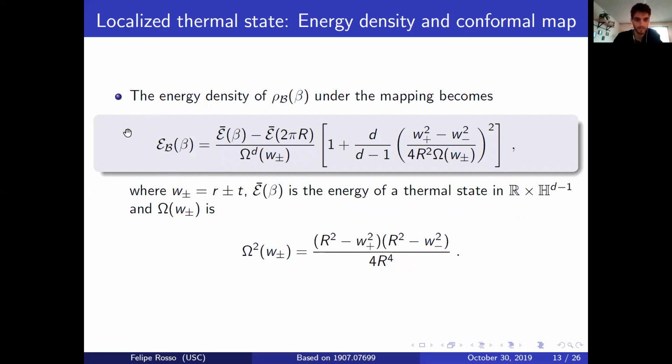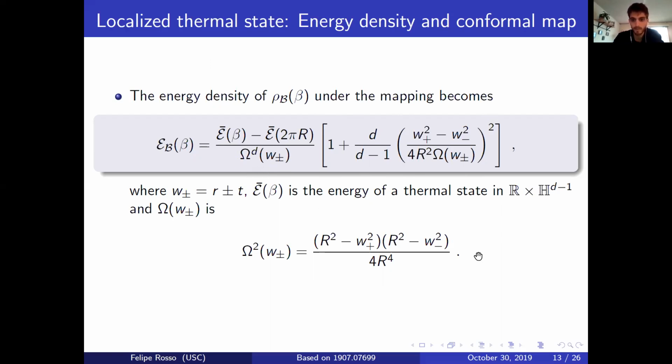Let me break down this expression since it might seem complicated. The only thing I've done to obtain this expression is a conformal transformation. There's nothing mysterious. We have two contributions, you could say. On the one hand, we have the spacetime contributions that are given by this thing over here, which depends on the conformal factor.